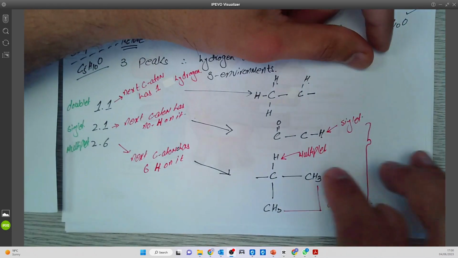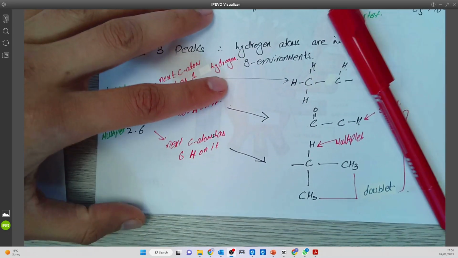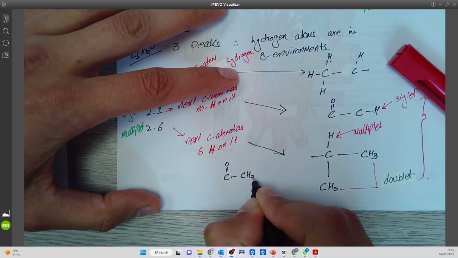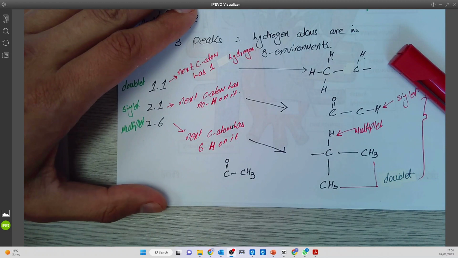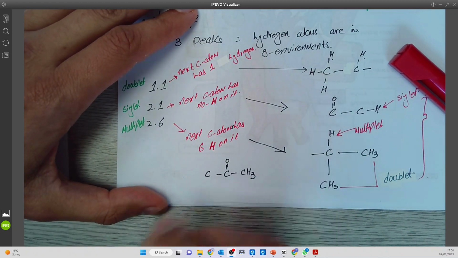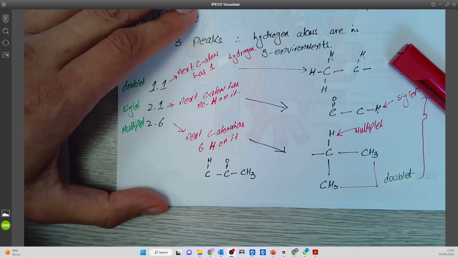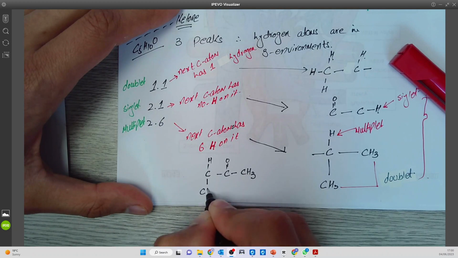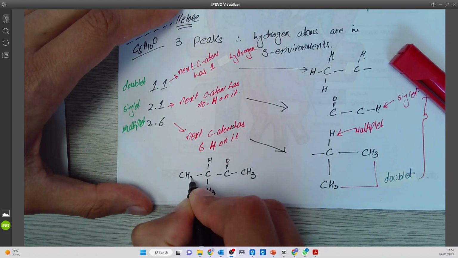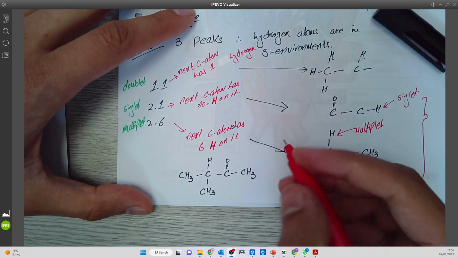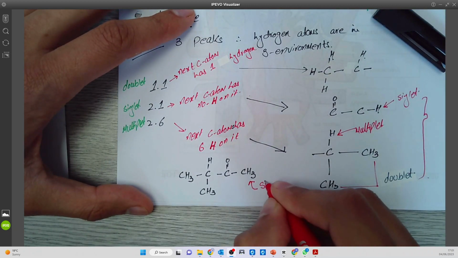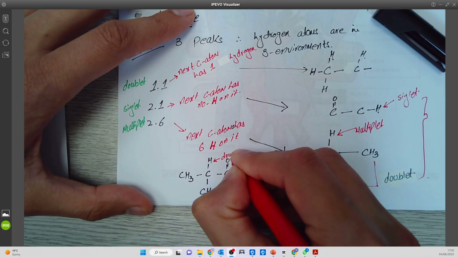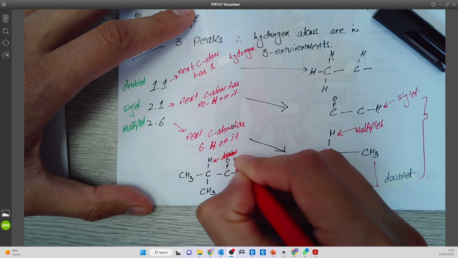So now I'll start with my molecule, and I need to start with C double bond O dash CH3. That's my singlet peak. Then I need to have C dash H. Now this one needs to be 6 peaks. So here I'll have CH3, here I'll have CH3. And now this one will be my singlet. This one will be my multiplet.